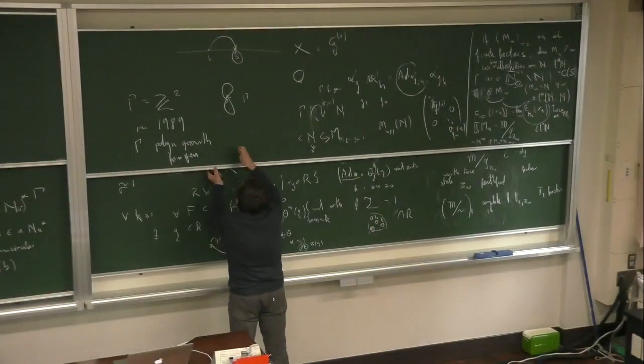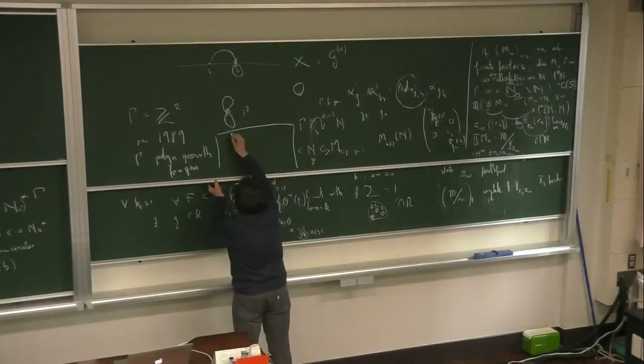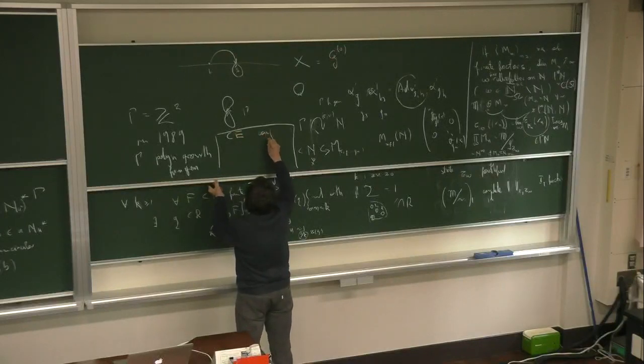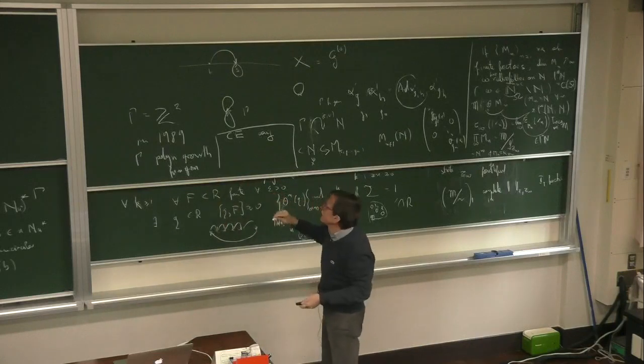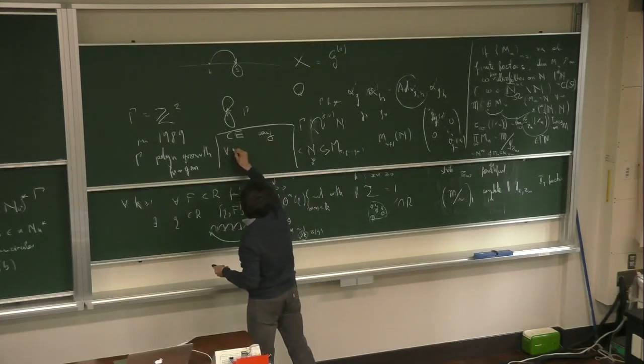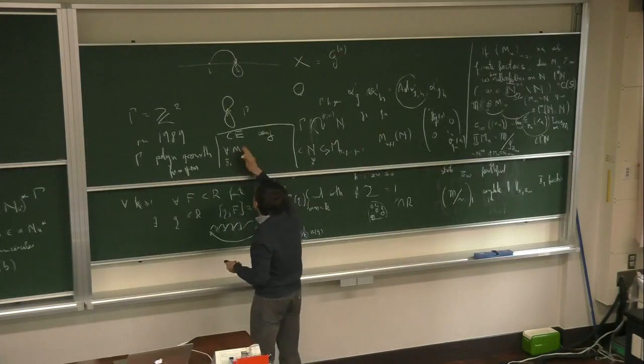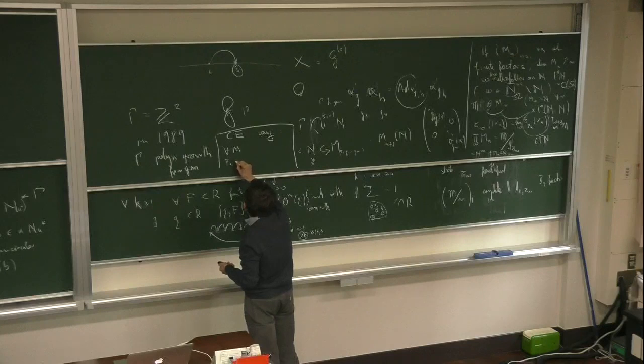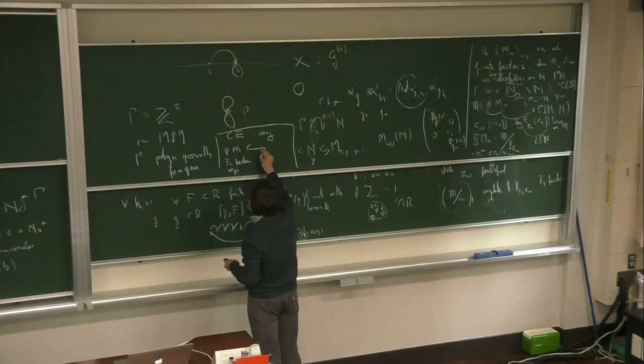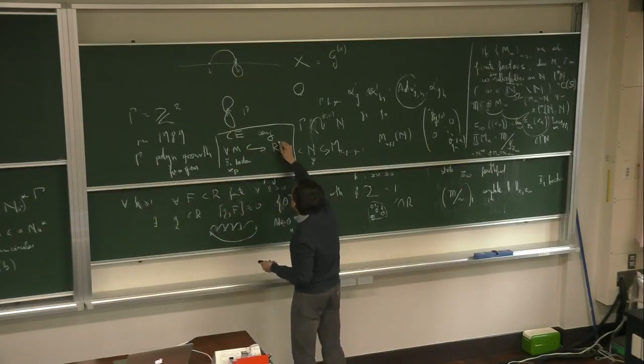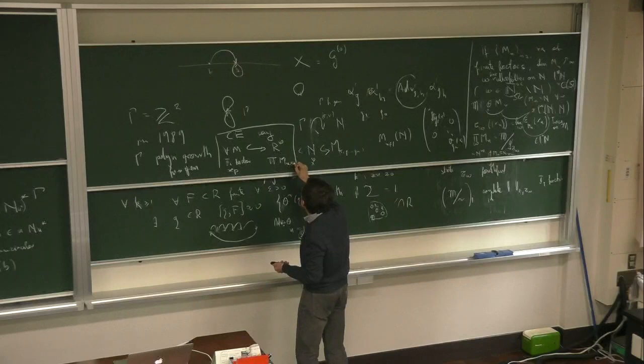Connes' embedding conjecture, let me put it that way, so C stands for that, says that any separable II1 factor, so countably generated, has an embedding into R omega, or what's equivalent, into the ultraproduct of n by n matrices.